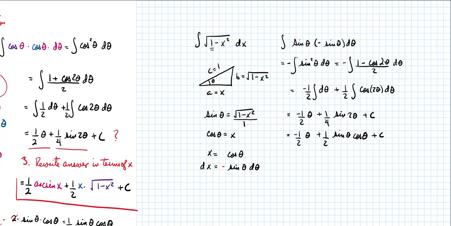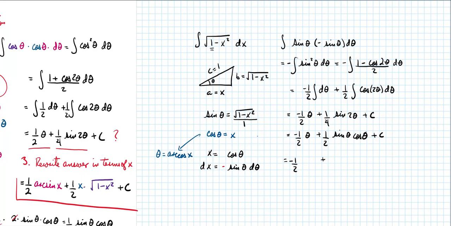Now once we back substitute, notice that the first term is going to be a little bit different. It's now going to be a negative 1/2, but theta, well, since cosine of theta was x, we can go ahead and obtain theta by taking the cosine inverse, or the arc cosine. So we get to see here that theta is equal to the arc cosine of x.